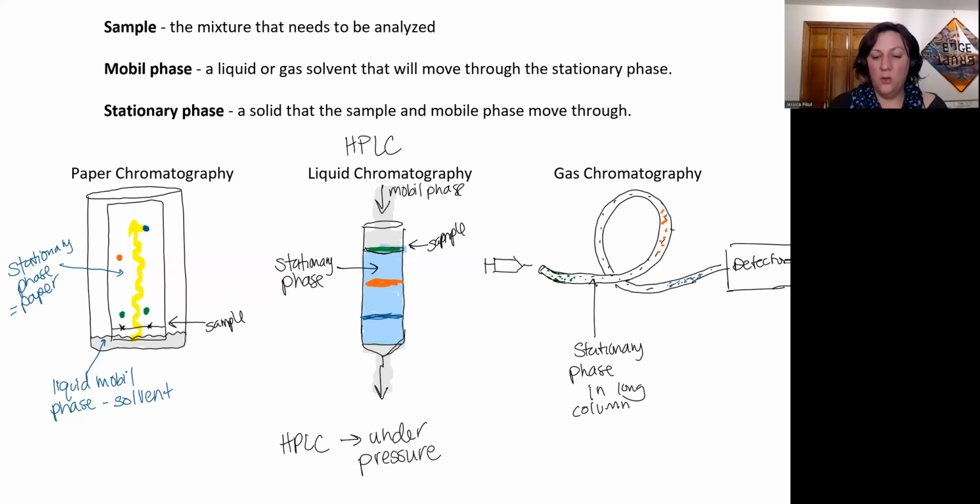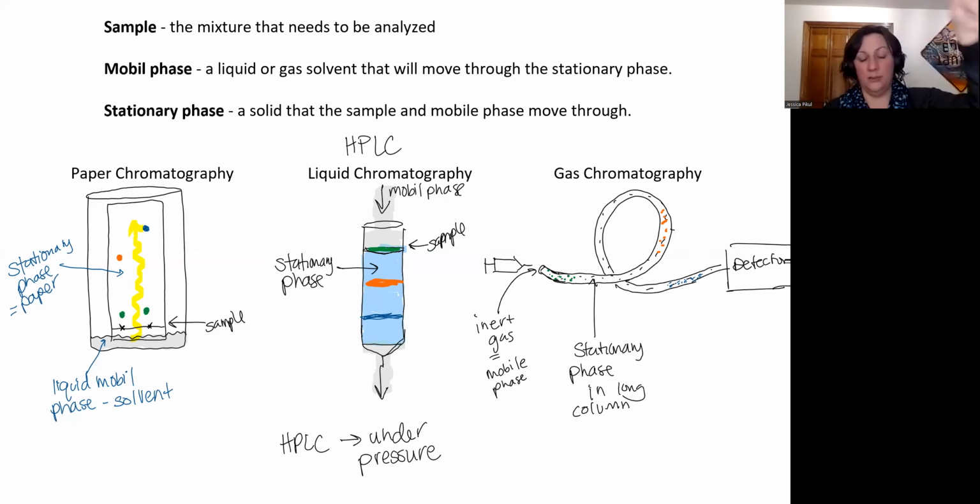And then our mobile phase is going to be an inert gas. An inert gas would be something like argon or nitrogen, something that doesn't interact with a lot of things. And so we'll have a gas flow through this long column.